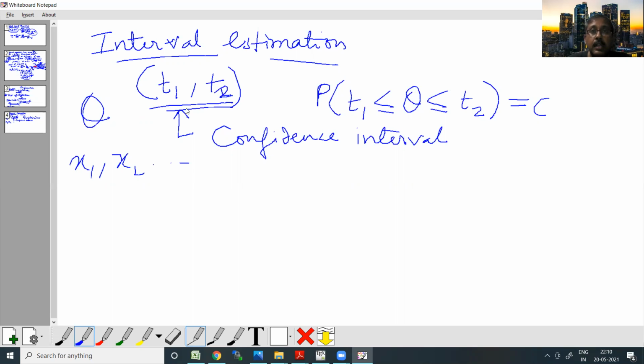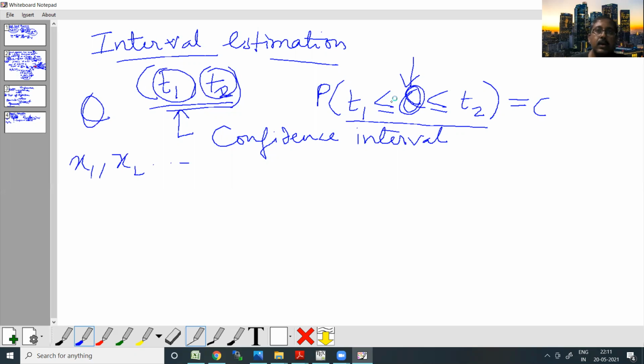In interval estimation, the basic premise is we have to find two values, T1 and T2, which give the lower and the upper boundaries of the confidence interval. The confidence interval represents the interval within which the parameter value is supposed to lie. I'm talking about a parameter theta, for example.